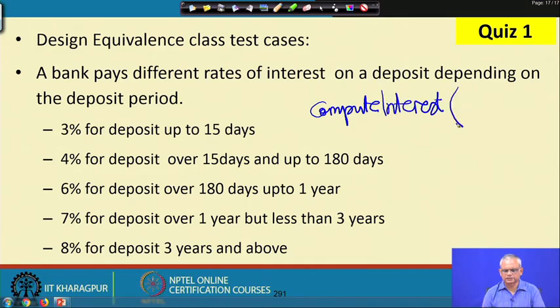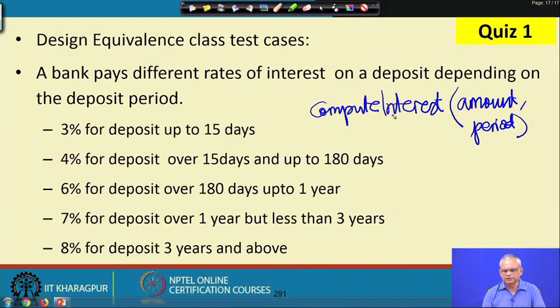It takes, let us say, a deposit amount and a period. And we know that the interest computed depends on the period. It should be 3% for deposit up to 15 days, 4% for 15 days to 180 days, 6% for 180 days to 1 year, 7% for deposit over 1 year but less than 3 years, and 8% for deposit above 3 years.